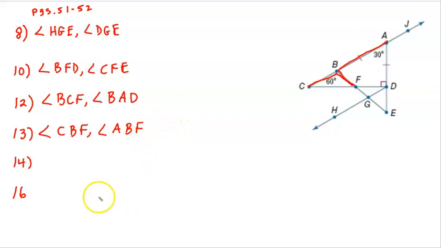All right, very good. All right, a linear pair whose vertex is F. That's number 14. Okay, so a linear pair would mean we're looking for a line. And let's see, in our figure whose vertex is F, we could say CBF, or I'm sorry, CFB and DFB.